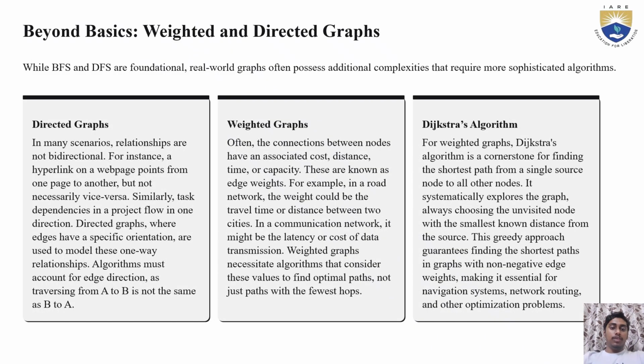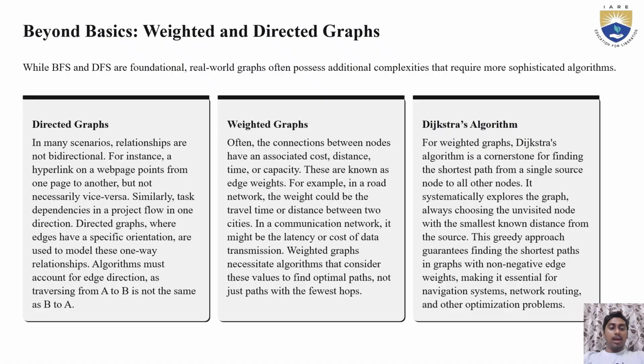Beyond basics, weighted and directed graphs. While BFS and DFS are foundational, real-world graphs often possess additional complexities that require more sophisticated algorithms. Directed graphs. Simply put, directed graphs have a direction from one vertex to another vertex. In many scenarios, relationships are not bidirectional.